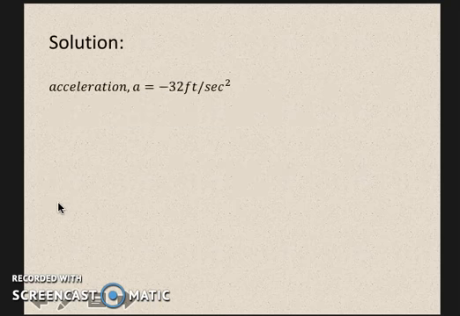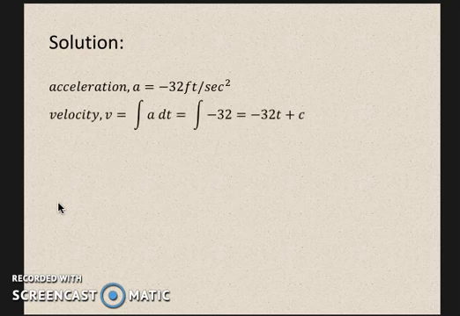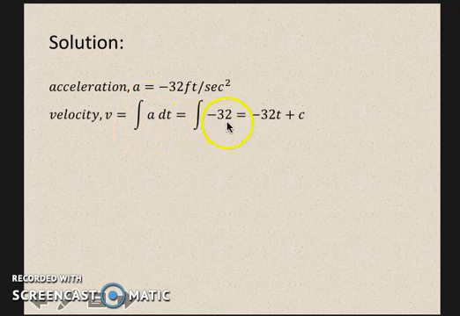Note those things down, that acceleration is negative 32 feet per second squared. Now when you take the antiderivative of acceleration, you should get the velocity. So velocity is the antiderivative of the acceleration. Antiderivative of a constant is this times t, because we are doing the antiderivative with respect to time.